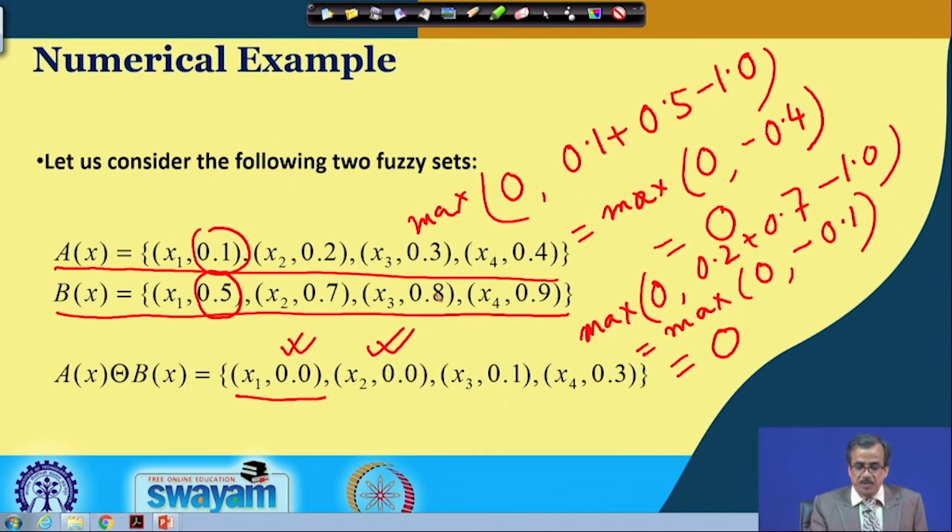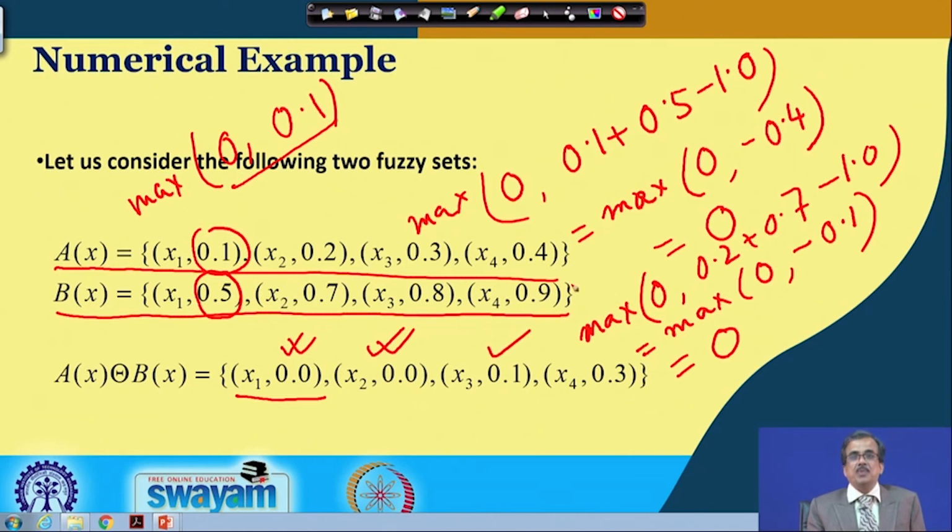Then corresponding to x3, what we will have is the maximum between 0 and 0.3 plus 0.8 is 1.1 minus 1. So, this is nothing but 0.1 and the maximum between 0 and 0.1 is nothing but 0.1.